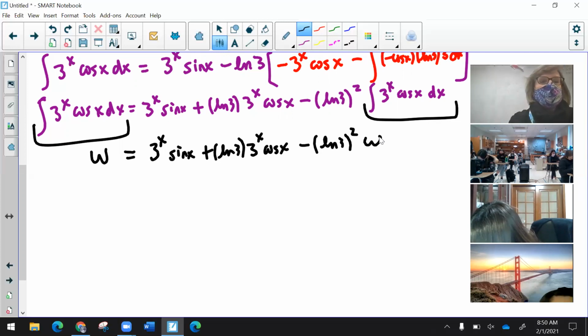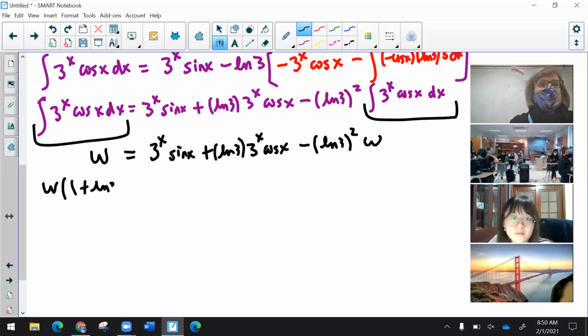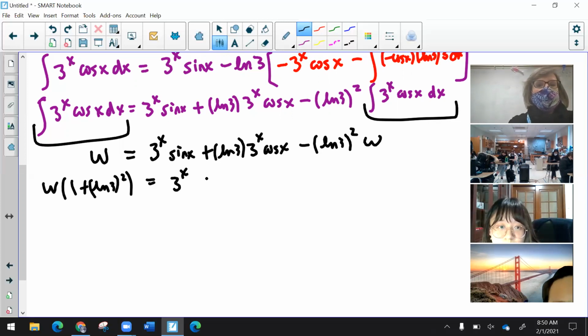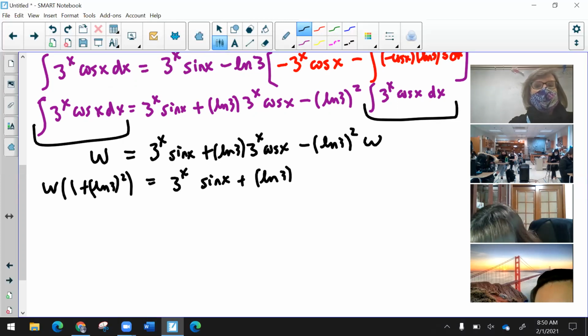I'm just going to bring it over to the other side, and I've got W times 1 plus the natural log of 3 squared, equals 3 to the x sine x plus the natural log of 3 times 3 to the x cosine x.